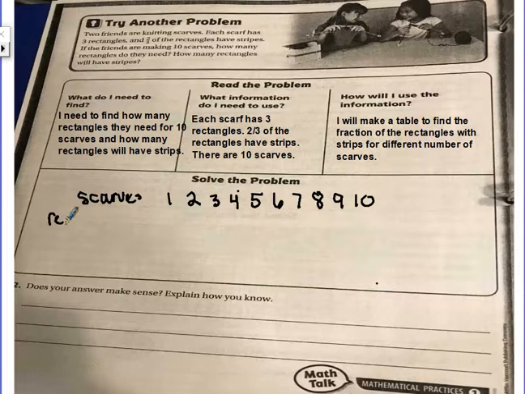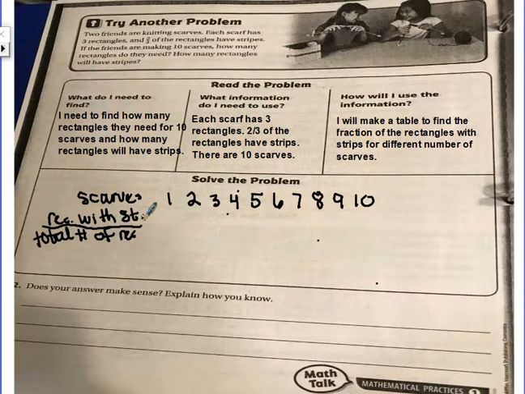So I'm going to write rectangles with stripes, shortened, and then I need to have the total number of rectangles. Total number of rectangles.